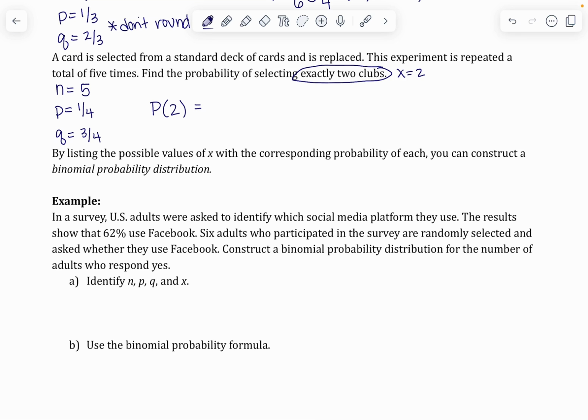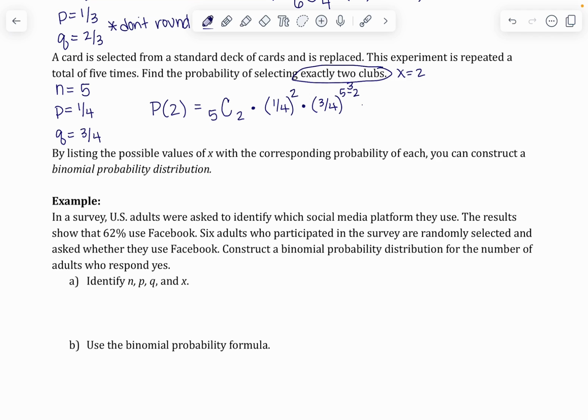All right, plugging in our formula. So we have 5 trials. Combination of those 5 trials, we want to get 2 successes, times 1/4, the probability of success that we want to happen twice, times the probability of failure, 3/4, which we want to happen 5 minus 2 times, or 3.